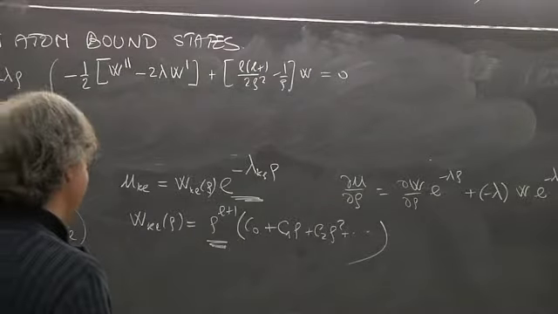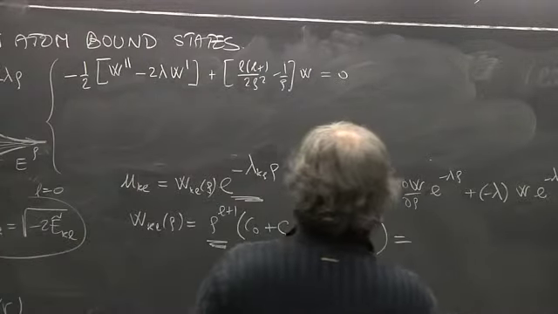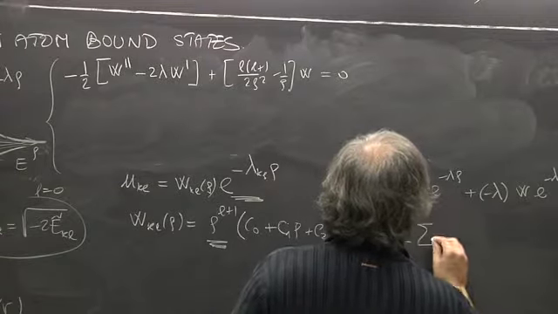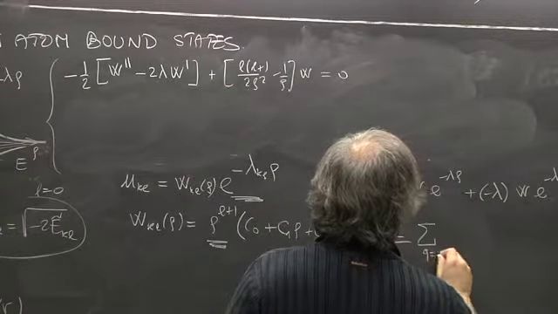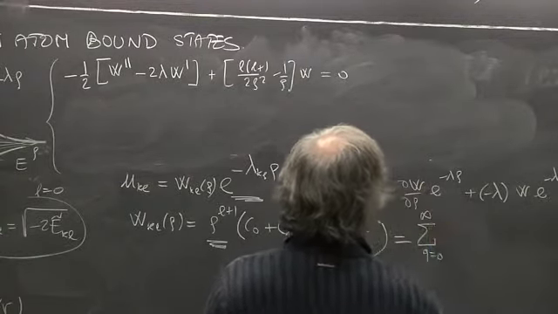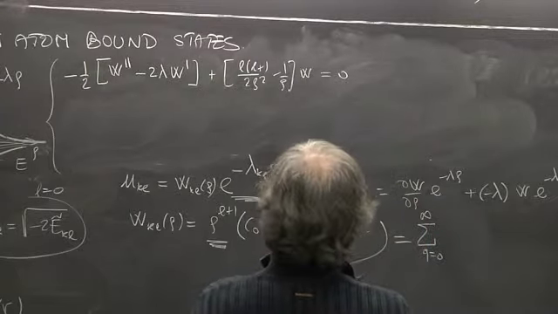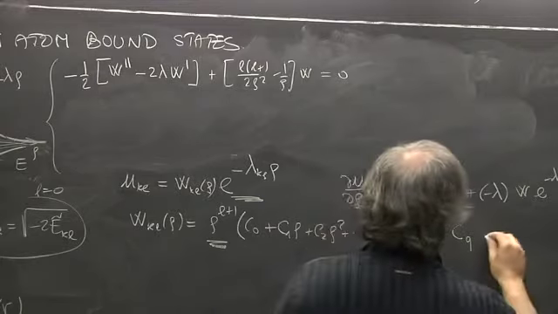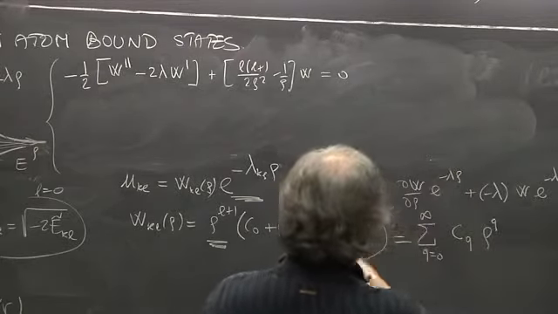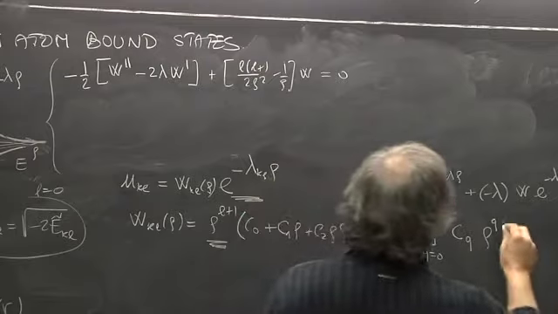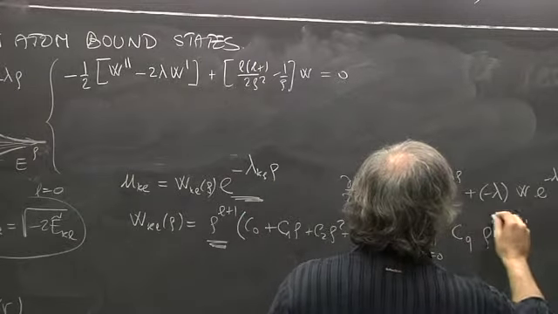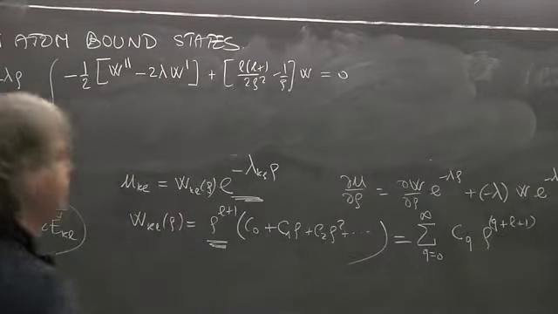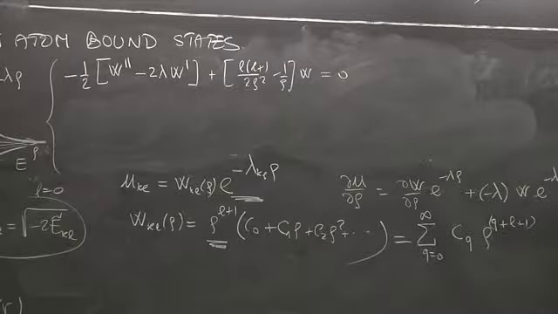Okay, let's see. Let me write this in a better, more compact way. This is a sum over Q, where Q is an index going from 0 to infinity of CQ times rho to the Q from here, but I have an extra plus L plus 1 prefactor. Okay? Is this clear to everybody?